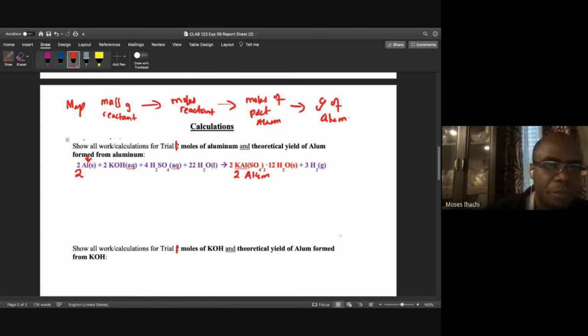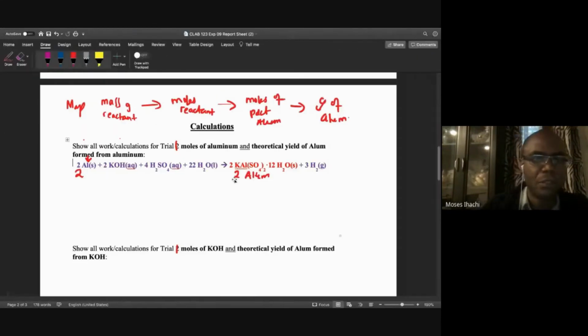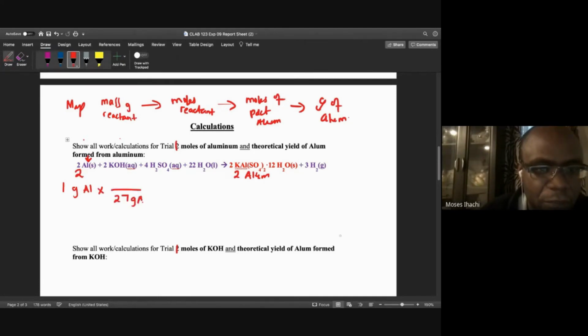So let's go through the process. We were told in your table that trial 1 used 1 gram of aluminum. Moles of aluminum will be found by dividing the grams of aluminum by its atomic weight, which is 27 grams of aluminum. So 1 mole of aluminum is equivalent to 27 grams of itself. I'm putting the grams as denominator because I want my units to cancel.